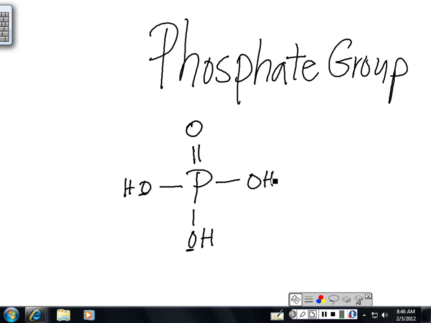Okay, the next group. Oh, and one of the other things we want to remember: phosphorus is one of those funny guys who has access to another orbital. So he has access to a d orbital. That's the reason why you see it has these unusual 5 bonds. Remember, we've been trying to keep this number correct by saying we have 2, 4, 6, 8 atoms.